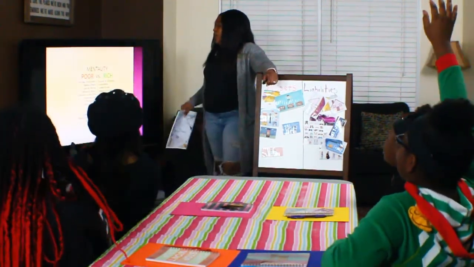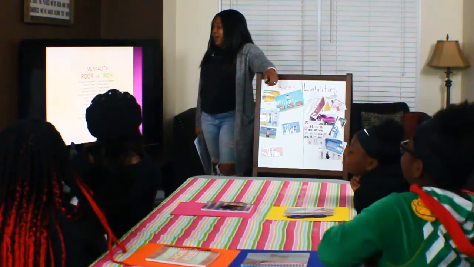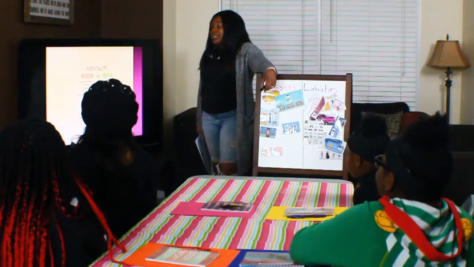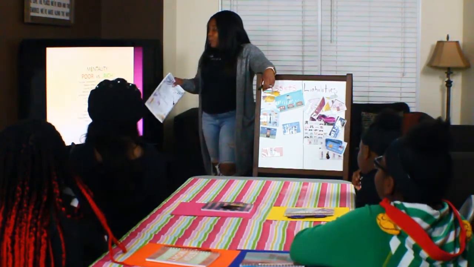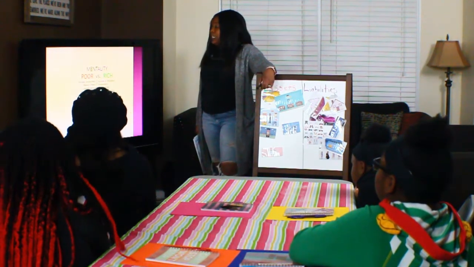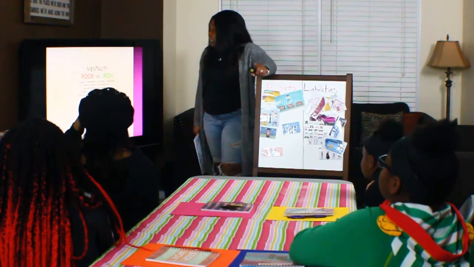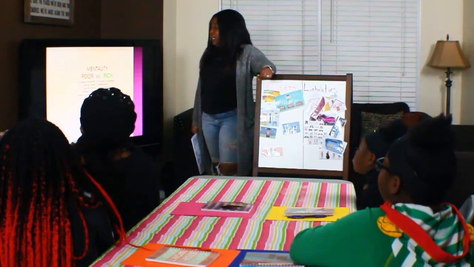Mentality, the poor versus the rich. Poor people, success is unimportant. Rich, success is an obligation. Poor people blame others. Rich people are responsible. Poor people spend money. The rich invest money. The poor refuse to study. The rich read and study.